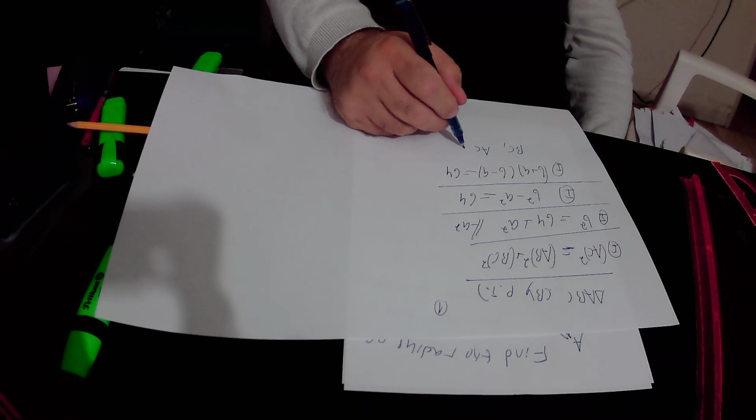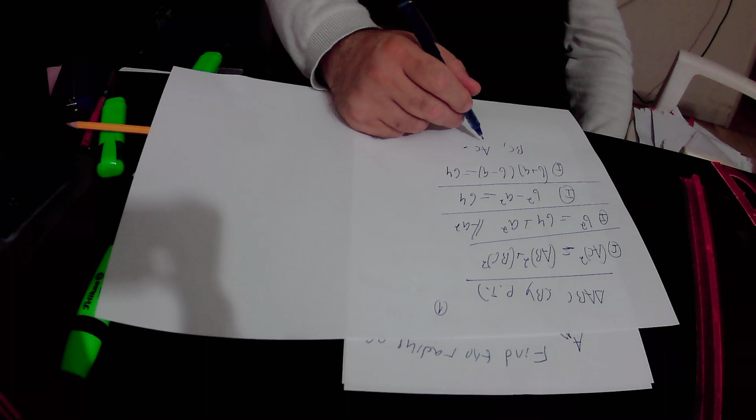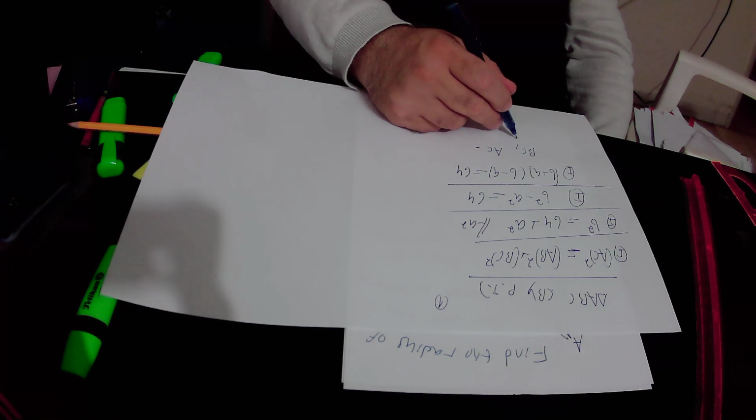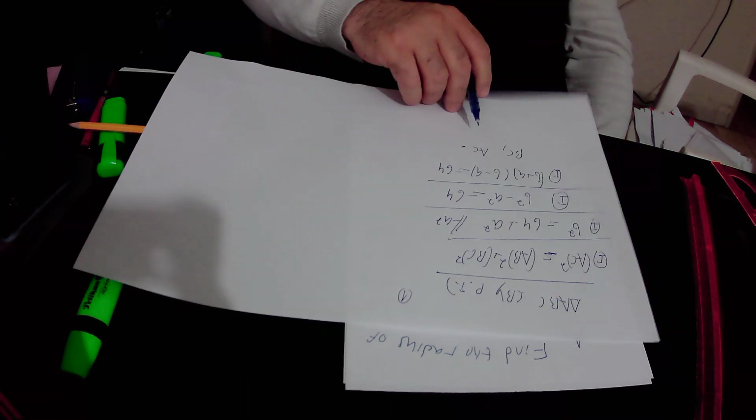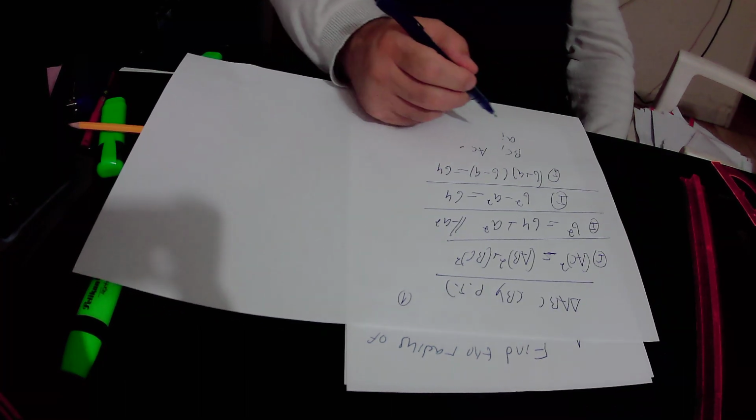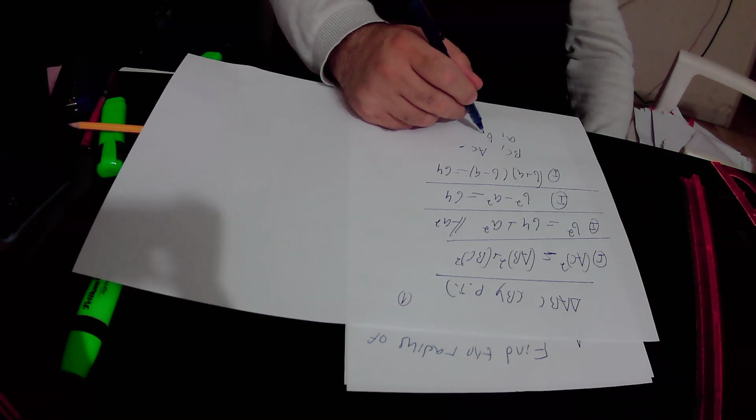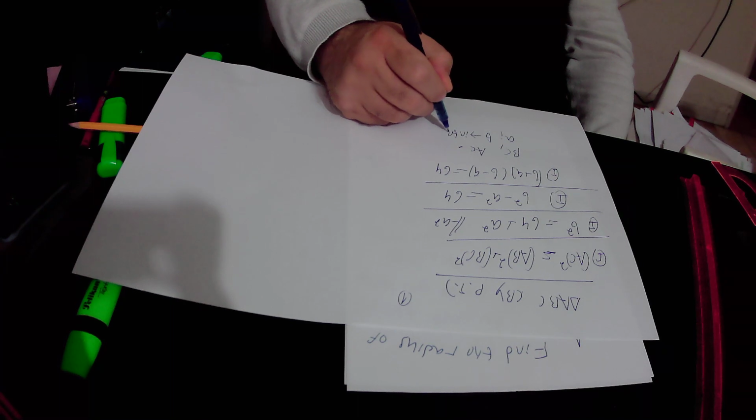So they are integers. BC equals A and AC equals B, therefore we can say that A and B are integers according to what is given in the question.